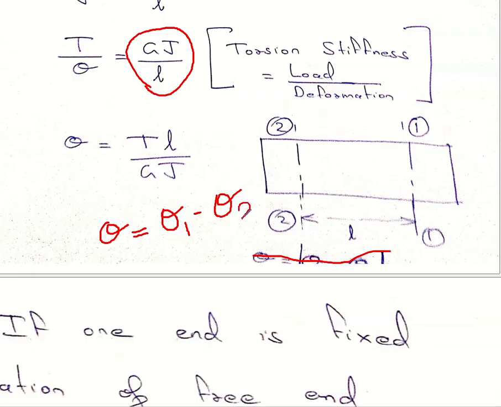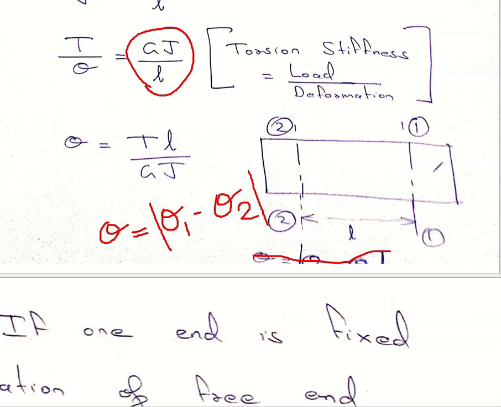That is how much 2 is rotating relative to 1, or how much 1 is rotating relative to 2. That is what is shown here. Theta is theta 1 minus theta 2, and L is the distance between 1 and 2. So theta is the relative angle of rotation of two sections at a length of L between them.